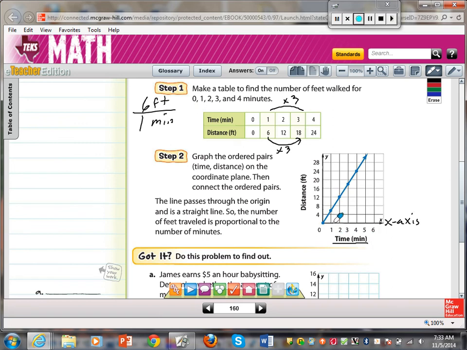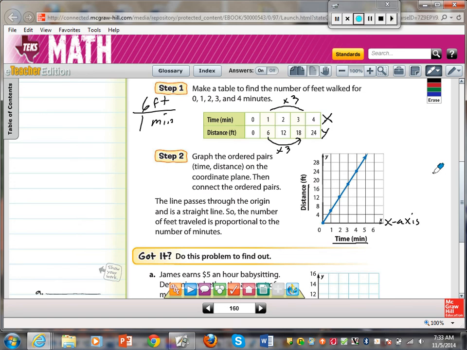Along the x-axis, they're going to measure time. And along the y-axis, they're going to measure distance. Okay? So if the time is on the x-axis, that means that all these can be considered x-coordinates. And all these, since they're on the y-axis, can be considered y-coordinates.